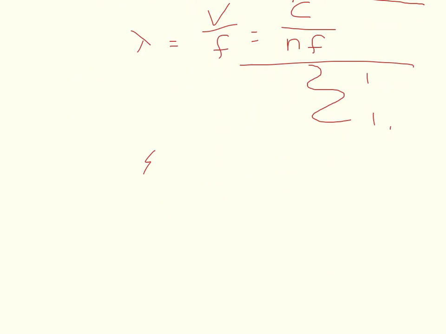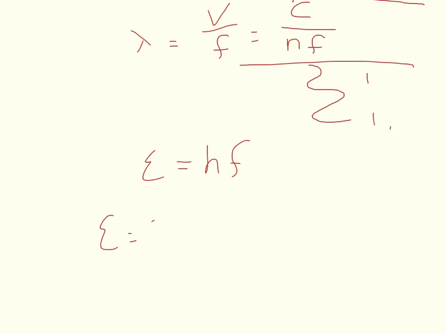And so the energy is equal to Planck's constant times the frequency. It gives us the frequency of 10 to the 14th. Planck's constant is 6.62606957 times 10 to the negative 34th. And so you just plug those in.